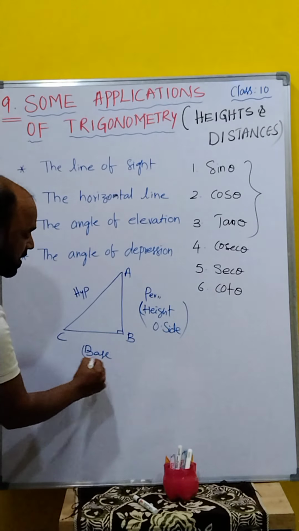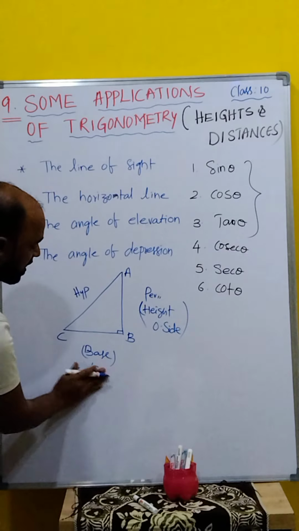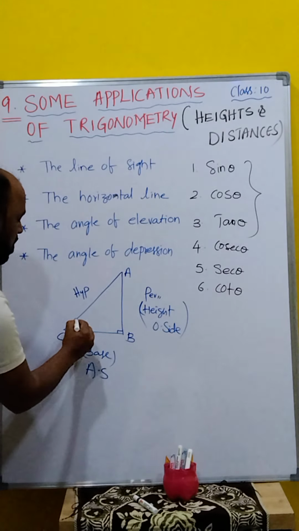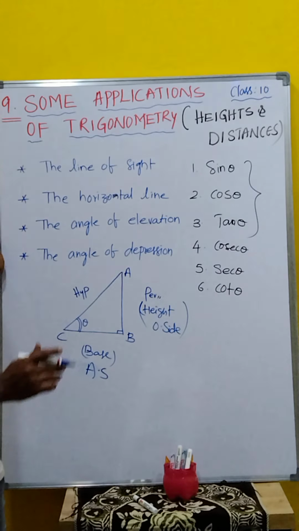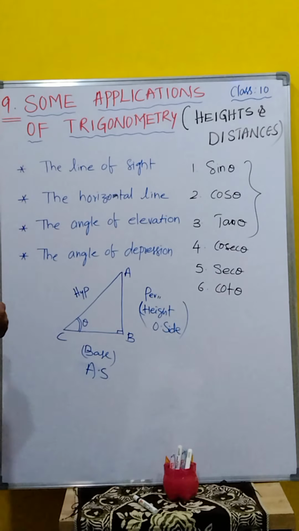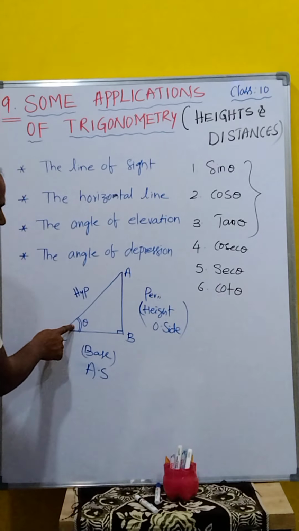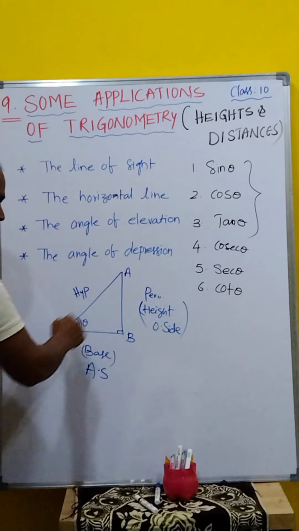This is theta. Here, this is the angle of elevation. Okay, now we will go for the ratios. Clear, children? This is the adjacent side according to theta, and this is the opposite side according to theta.